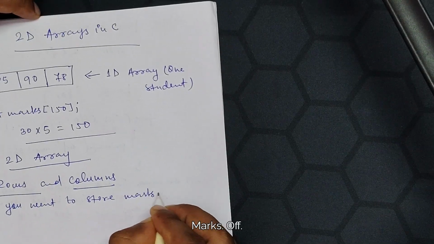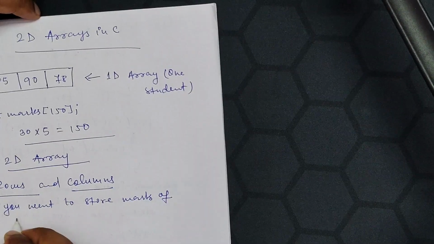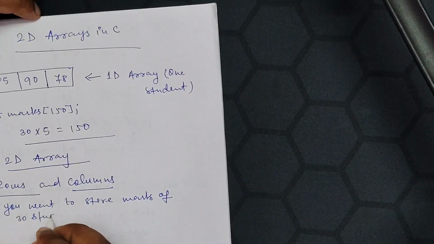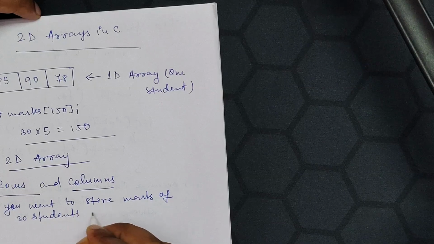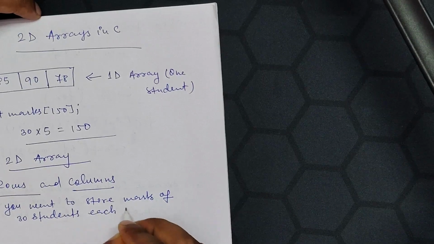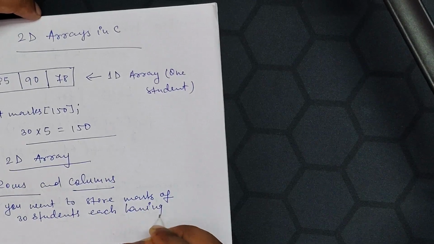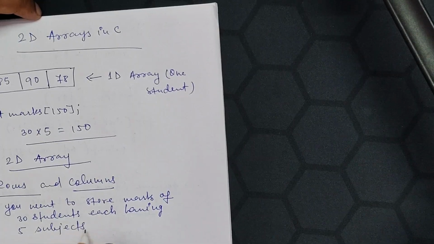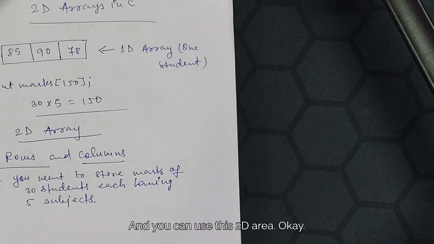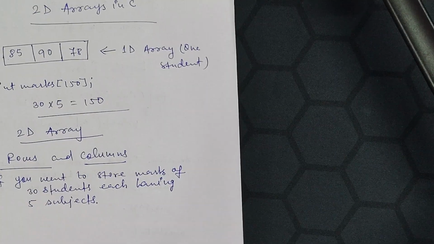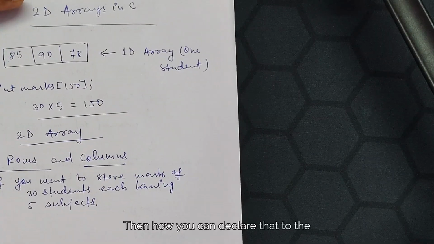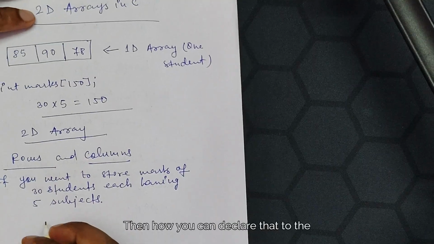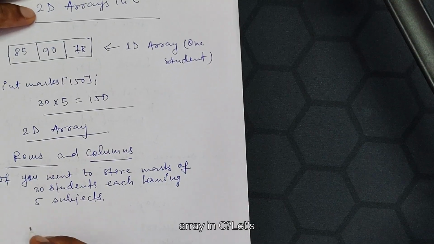Here, if you want to store marks of 30 students, each having 5 subjects, then you can use this 2D array. Then how can you declare a 2D array in C?